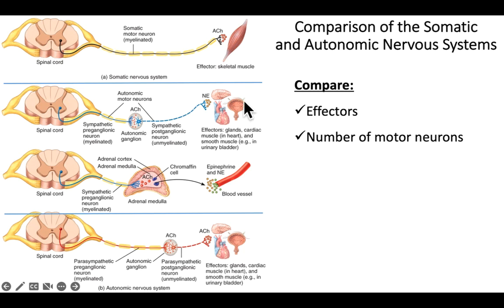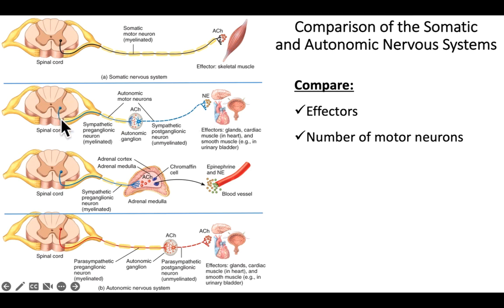Number of motor neurons. Notice the somatic motor neuron is starting in the CNS, in this case the spinal cord. It comes out the ventral root and extends all the way to the muscle. So it's a one motor neuron arrangement. In the sympathetic panel here, we're using two.